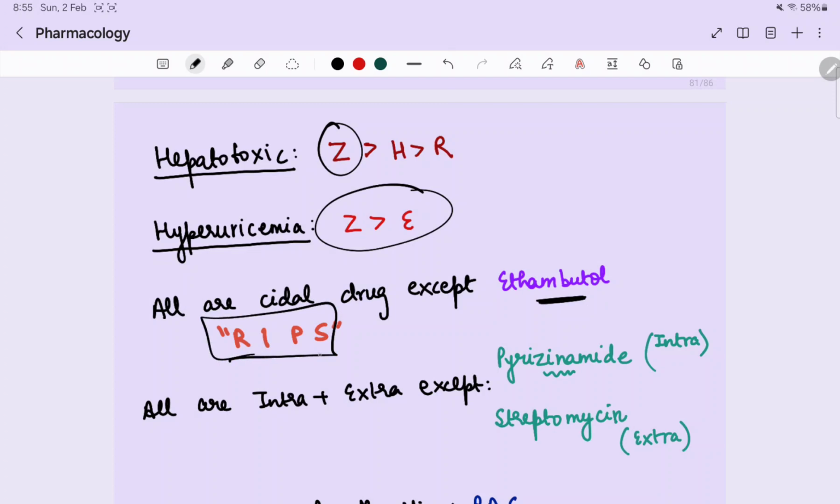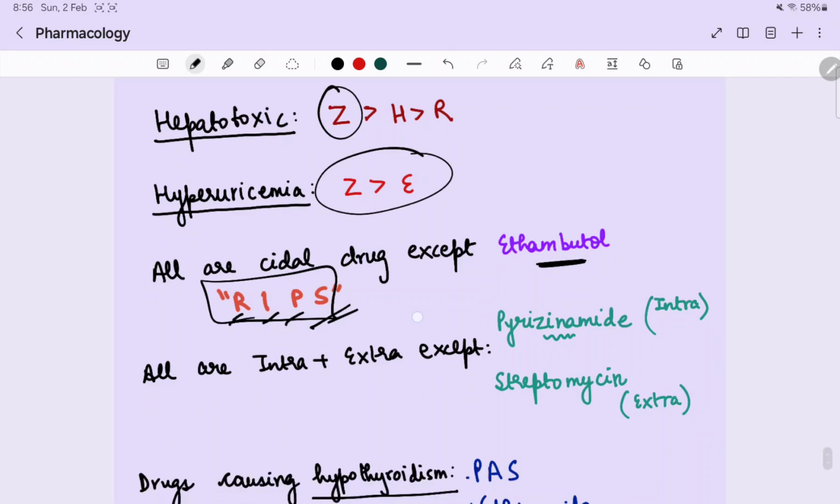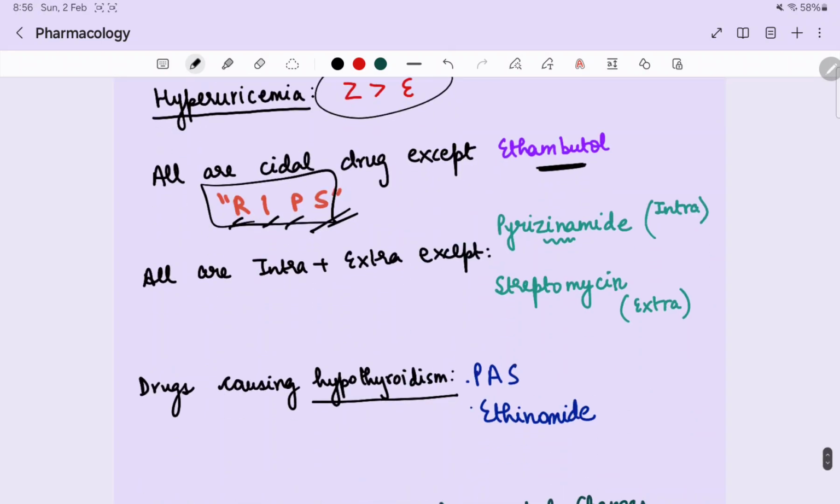So you can learn by the mnemonic RIPS, from R: rifampicin, isoniazid, pyrazinamide. All drugs will kill both intra and extracellular bacilli except pyrazinamide. In it, you can learn 'in': it will kill only the intracellular ones. And streptomycin is extra, outside, it will kill the outside bacilli.